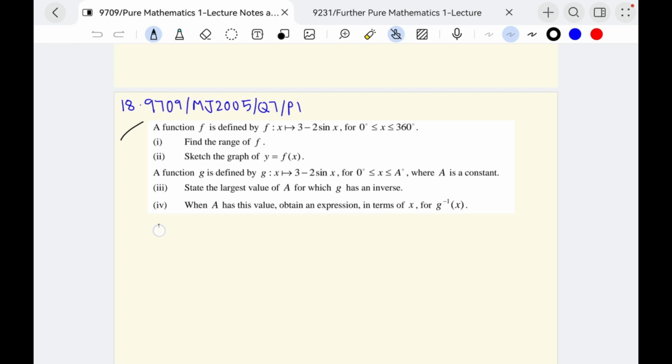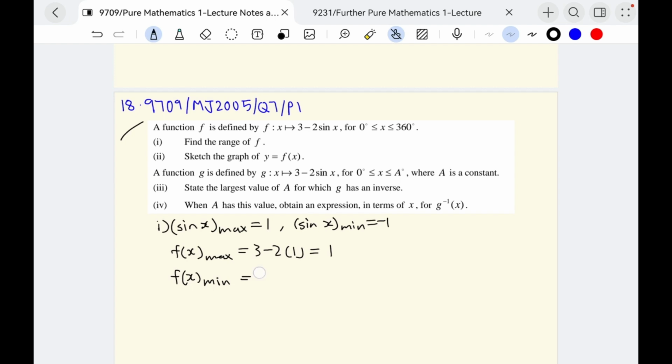So instead, you can use your understanding of what the maximum and minimum values are for an ordinary sine graph. So sine x max equals 1, and sine x min is -1. Alright, so f(x) max equals 3 minus 2 times 1, which is 1. f(x) min is 3 minus 2 times -1, which is 5.